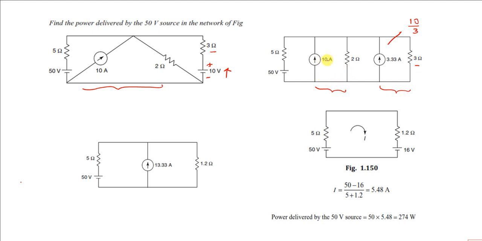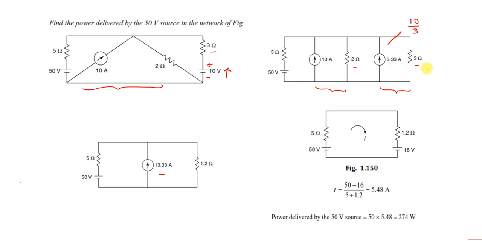So in parallel between two nodes, two currents going up means we can add them. The direction of the current is the same, both going towards the top node, so both will be added. So 10 plus 3.33 gives 13.33.